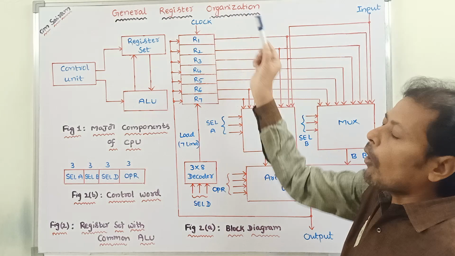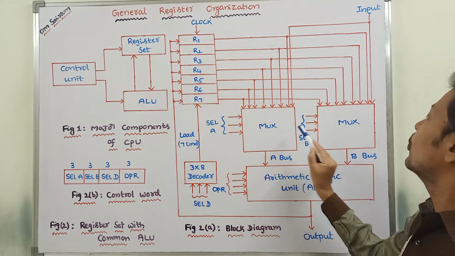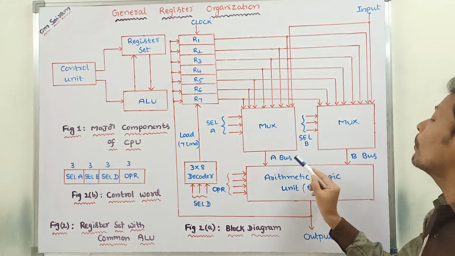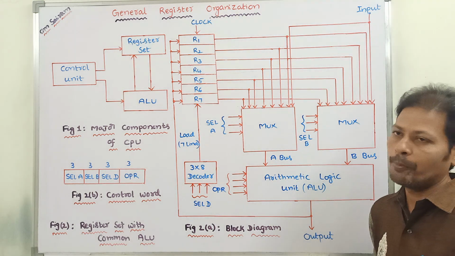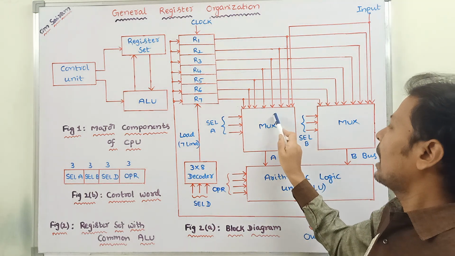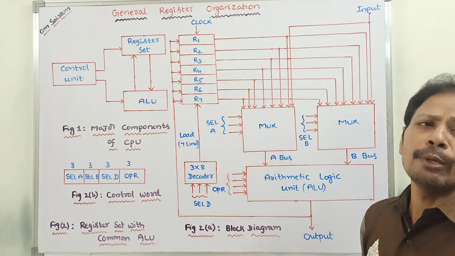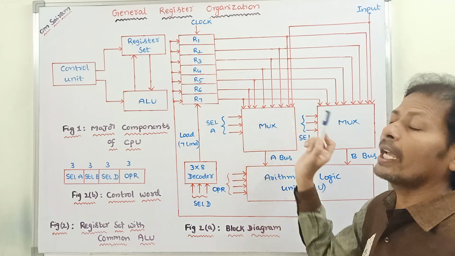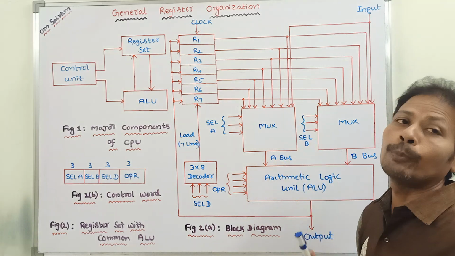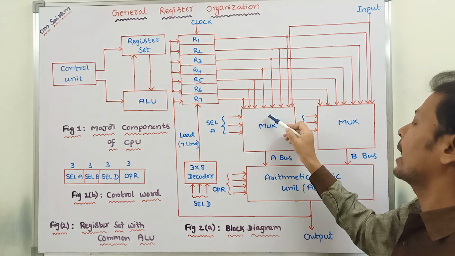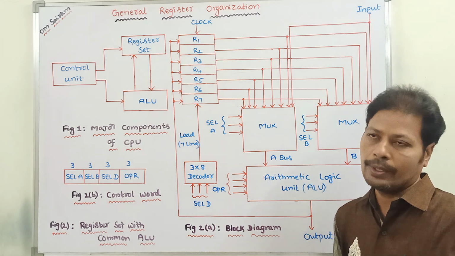The output of each register is connected to 2 multiplexers to form the 2 buses, bus A and bus B. Here, multiplexer A contains 8 inputs. Among those 8 inputs, we have to select only one input. That input is passed to the arithmetic and logic unit.